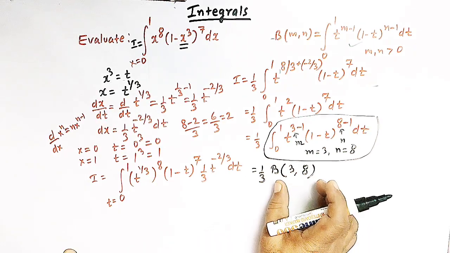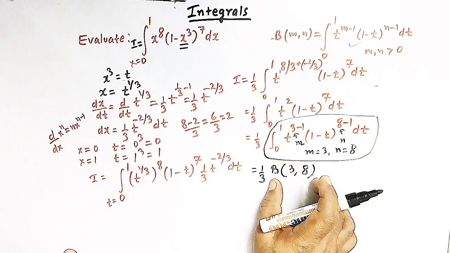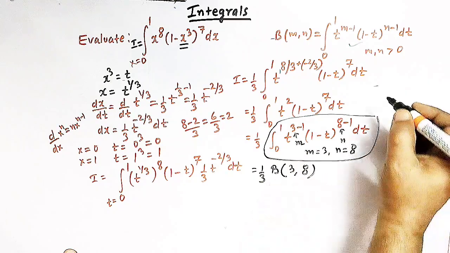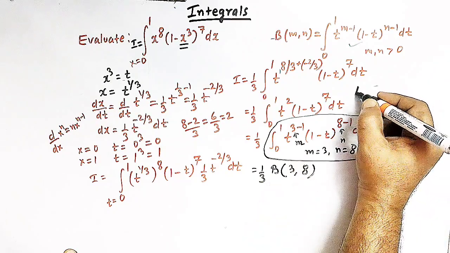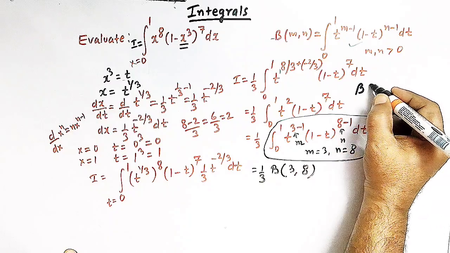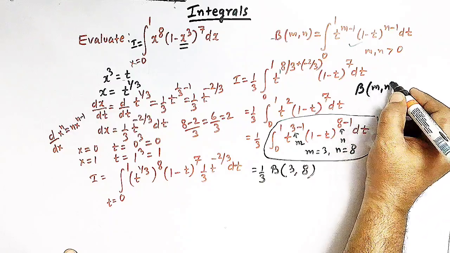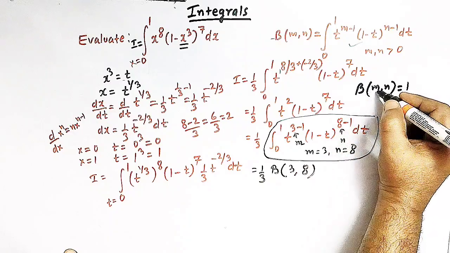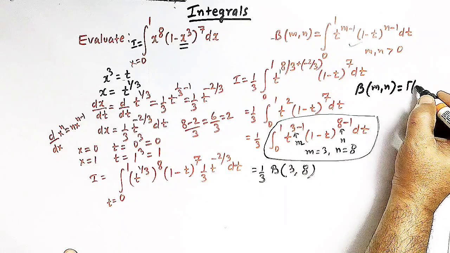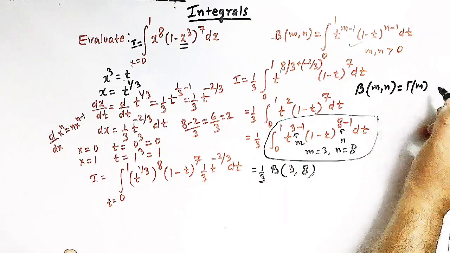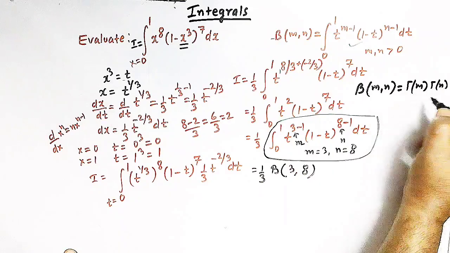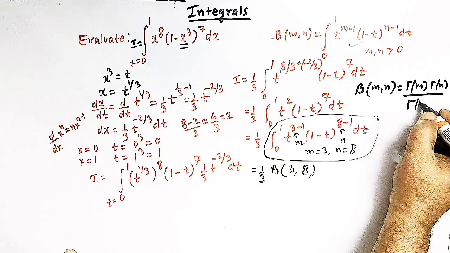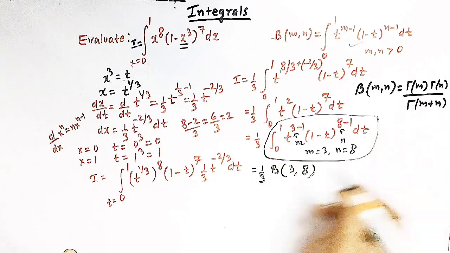So now we can calculate the value of this beta function by using the relationship between the beta function and gamma function. So beta m comma n is given by gamma m times gamma n divided by gamma m plus n, right?